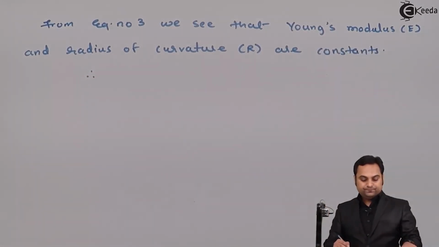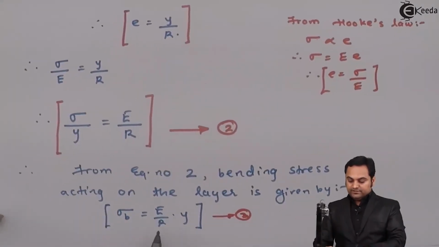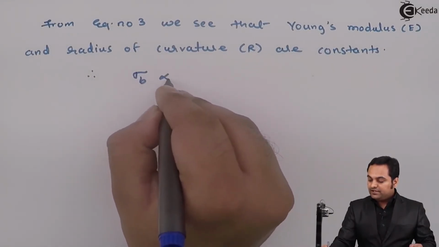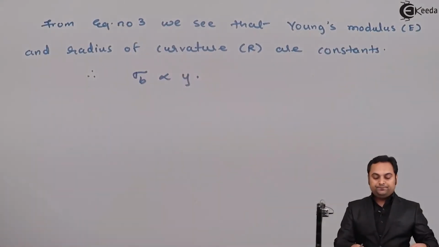Therefore sigma b is directly proportional to y. Sigma b becomes directly proportional to y.